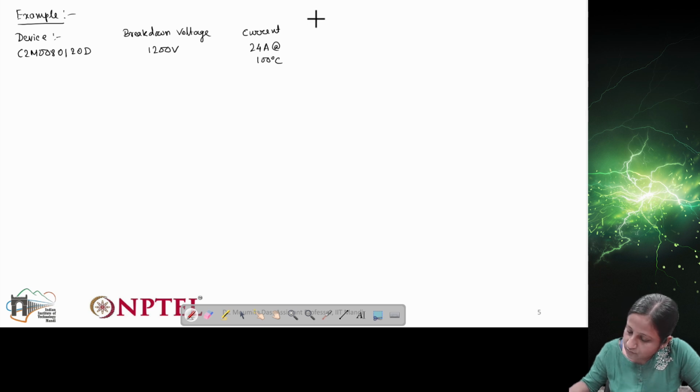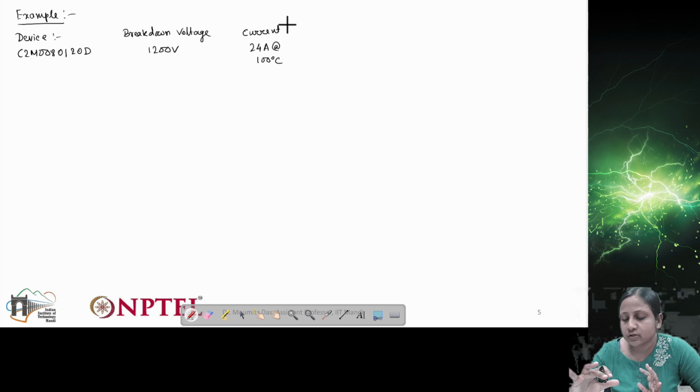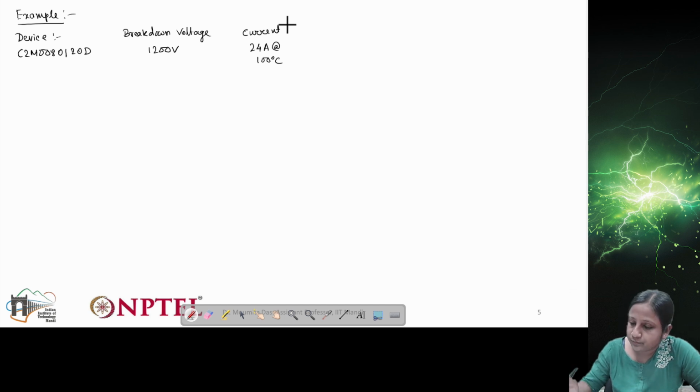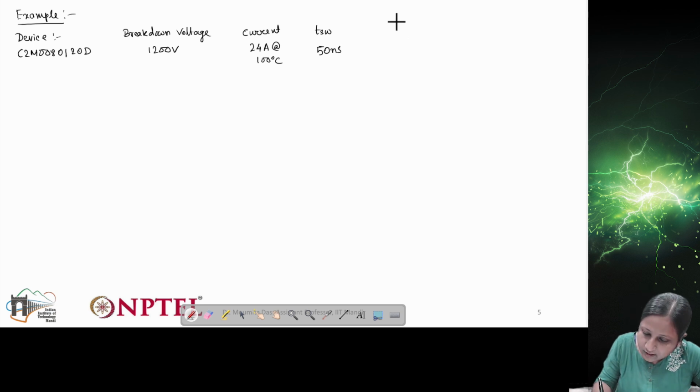Now there are different components of the device given in the data sheet, so I am just writing the parameters which are required in order to implement the DPT. The switching time TSW is given here as 50 nanosecond, and the output capacitor value is given as 80 picofarad.